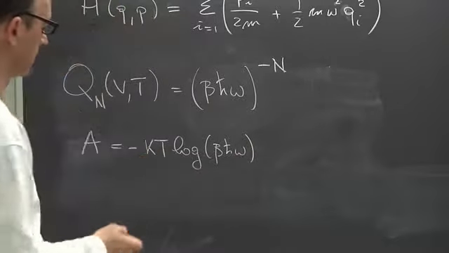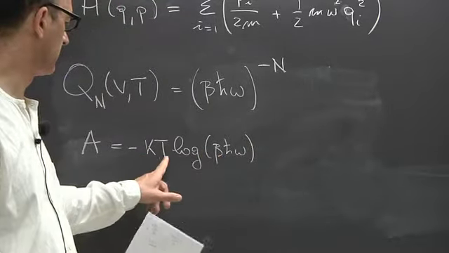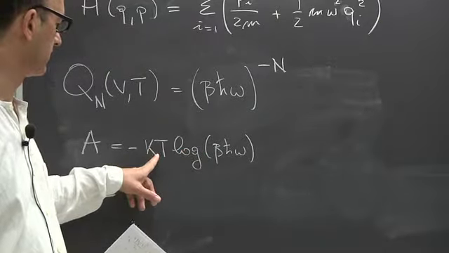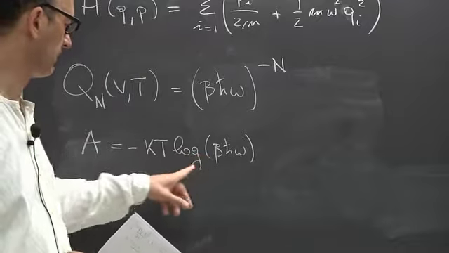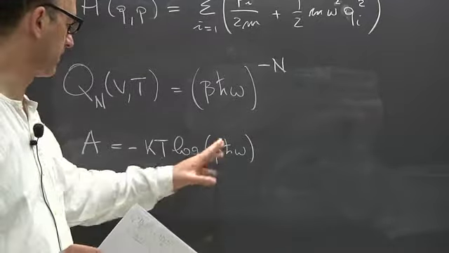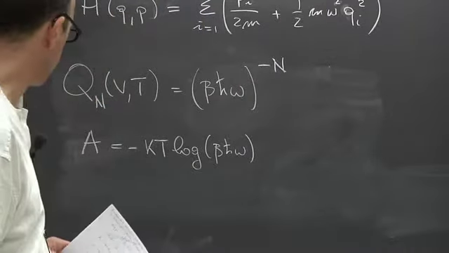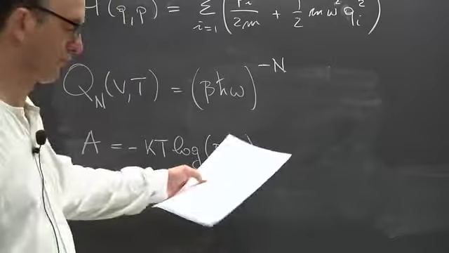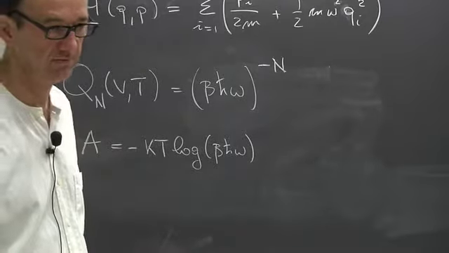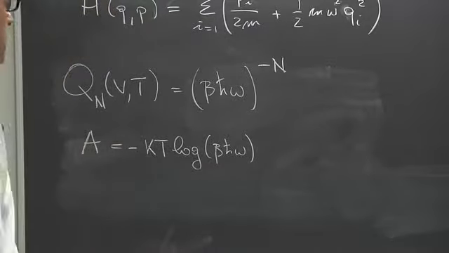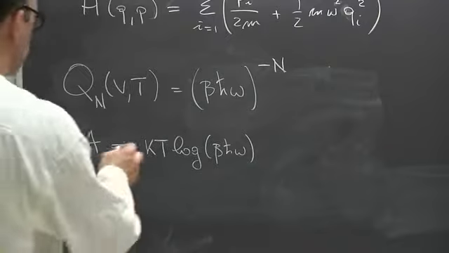Well, I'm writing beta as 1 over kT and kT at the same time, for convenience. So beta should be interpreted as 1 over kT, okay? And there is an n.